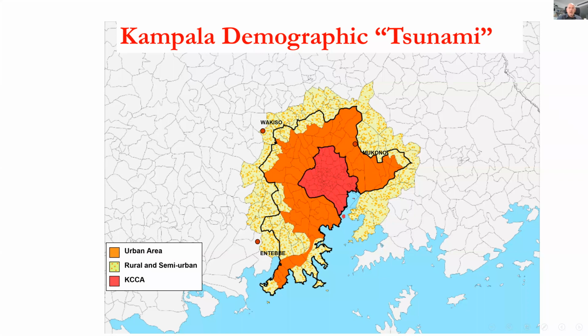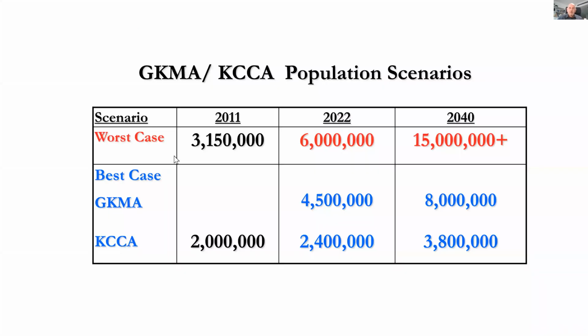Therefore, the main contribution to the concept of future Kampala was, first of all, to limit the GKMA, the whole system around Kampala, to 8 million, and the KCCA itself to 3.8 million, not more than that. The way to do it is not by limiting the growth of the city itself, but by presenting alternative cities for growth, like we said before.